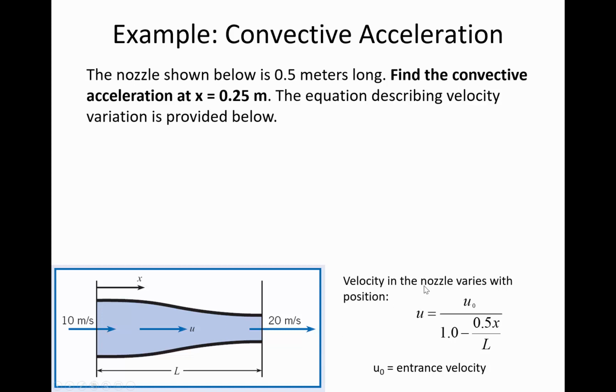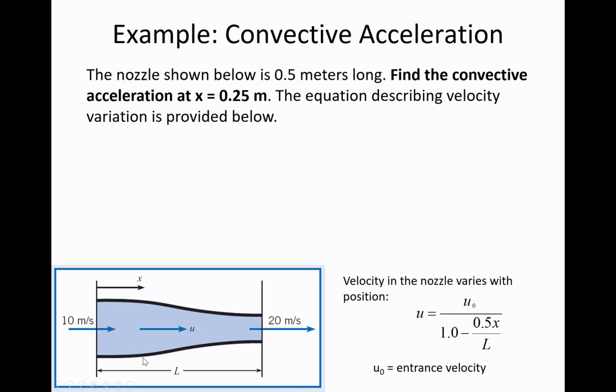We have this equation over here on the right that's describing how the velocity varies inside of this nozzle. And U0 is the entrance velocity of 10 meters per second. So let's first try and think about what this equation is telling us. It's telling us how much the velocity is at a certain distance into the nozzle.